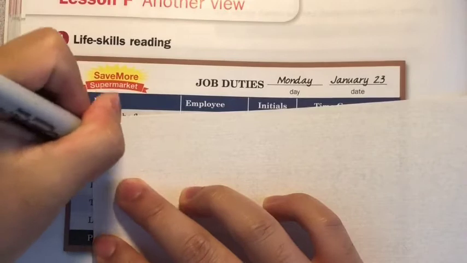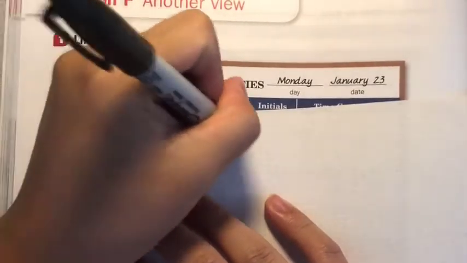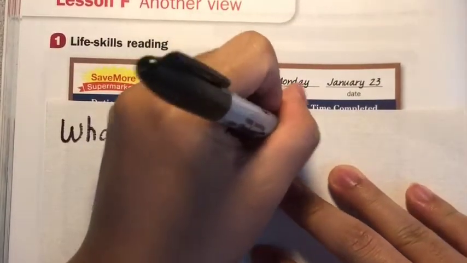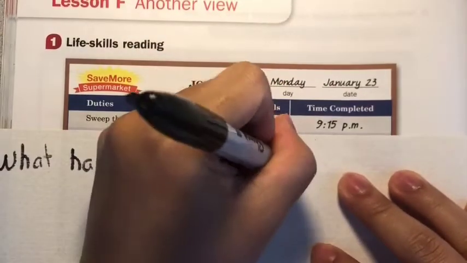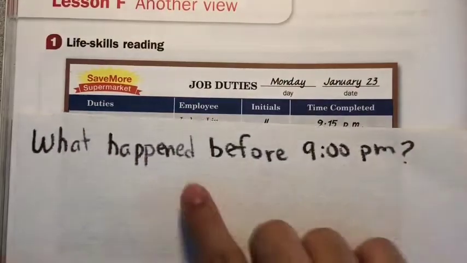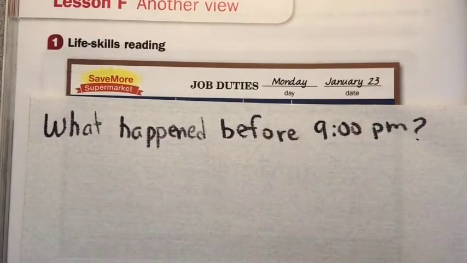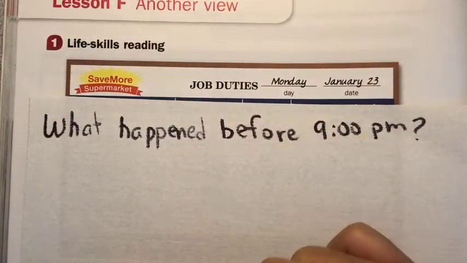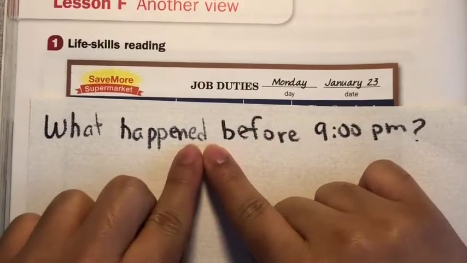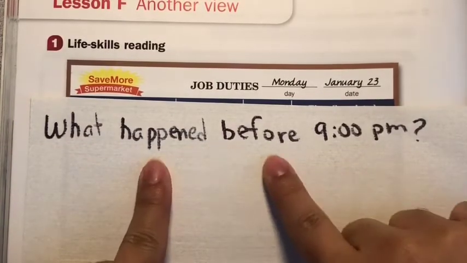So I'm asking, what happened before 9 p.m.? Happened is a verb, and I'm writing it in the past tense. You know it's in the past tense because it ends with the letters E and D. So what happened before 9 p.m.?